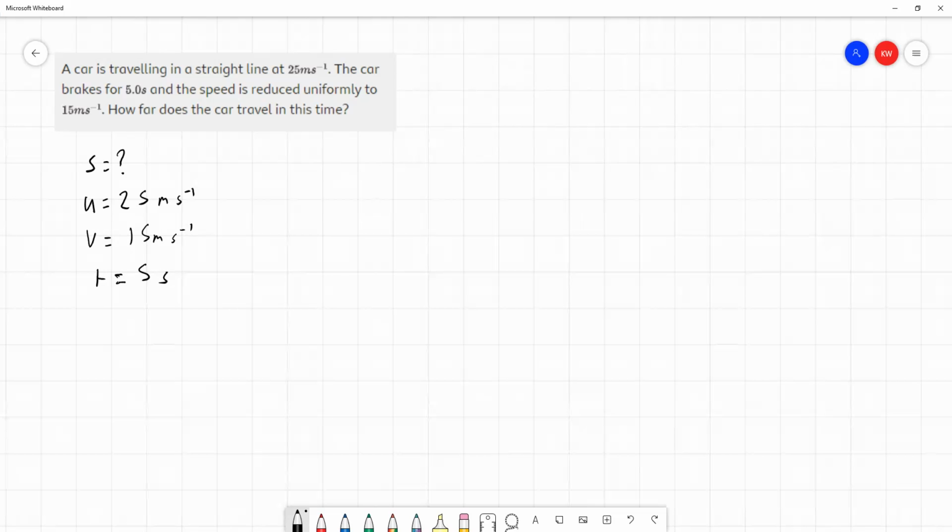And if you remember from the class, we have 2 different equations we can use in these circumstances. We have our equation for S equals ut plus a half at squared, and we have S is equal to u plus v over 2, times t.